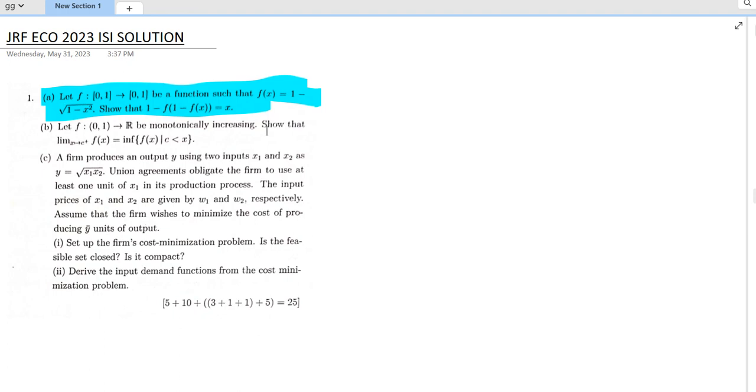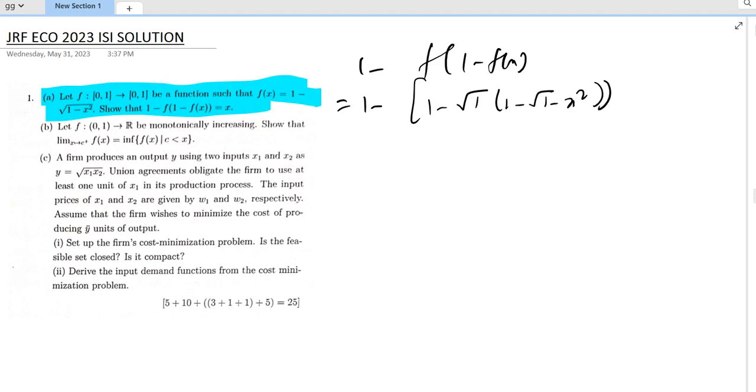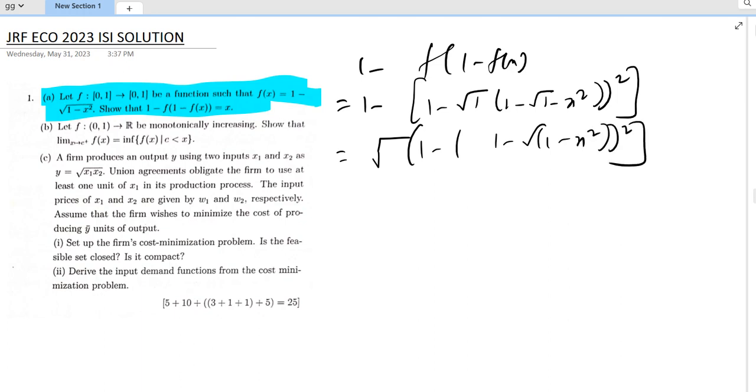Here first we have to do a little bit of calculation. We have to simply substitute the expression f(x) into the equation to simplify. So here we have 1 minus f of 1 minus f(x), with root over 1 minus x square, and this squared. So this is root over 1 minus 1 minus root over 1 minus x square, whole square.